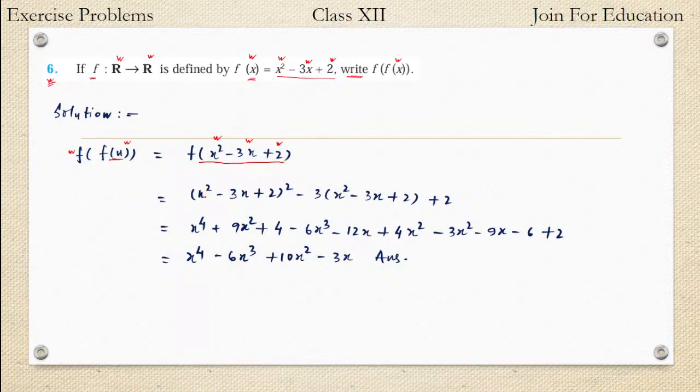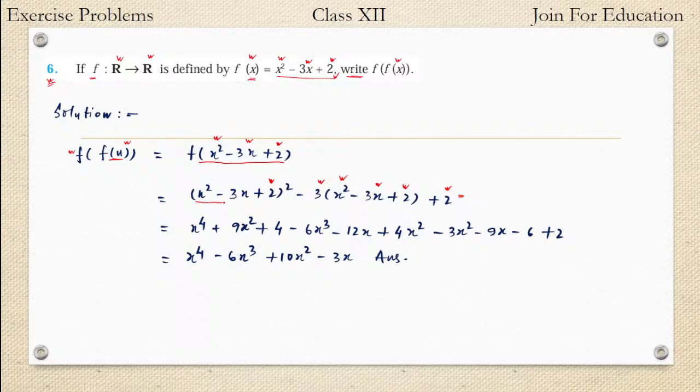So we write down here (x square minus 3x plus 2) whole square, minus 3x. So we write down here minus 3 and instead of x we write x square minus 3x plus 2, and here plus 2. There is no problem to understand up to this step.